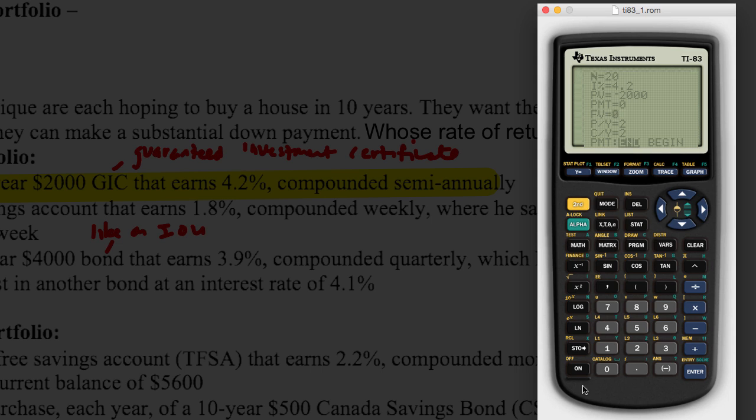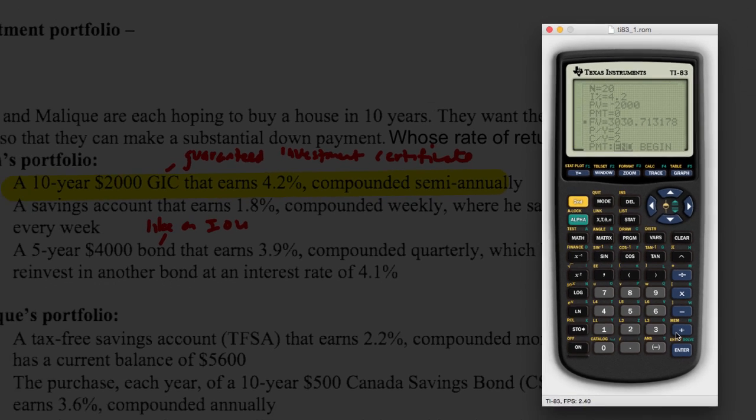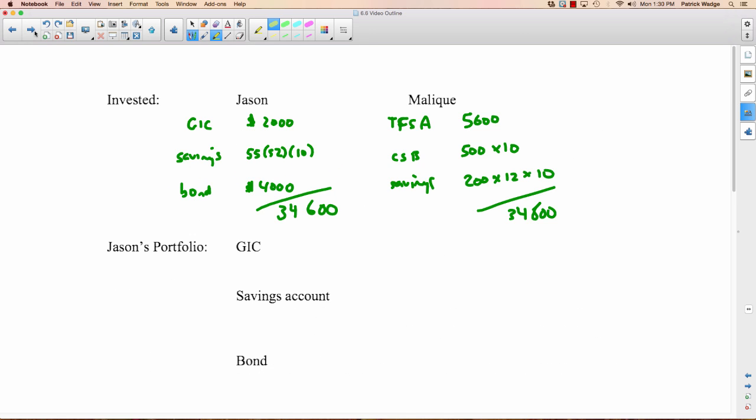And if we go back up to future value and hit alpha enter, we get $3,030.71. Okay, so let's put that in here. $3,030.71. Let's go back and do our savings account.